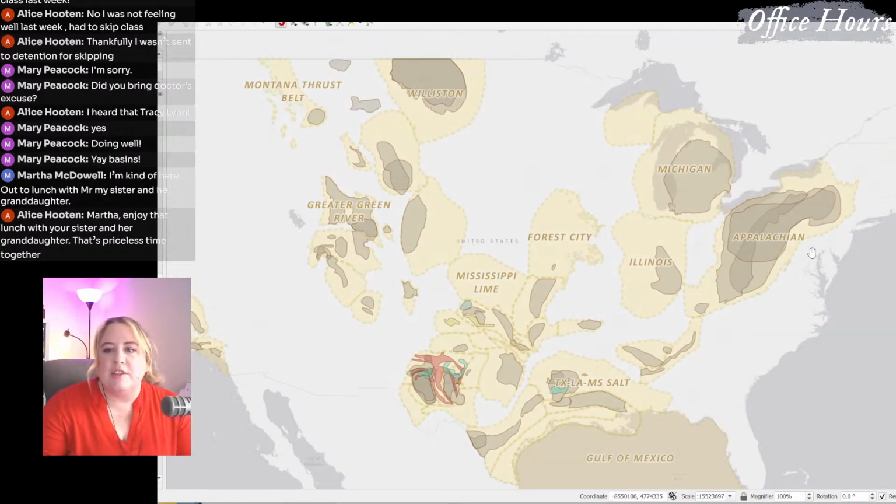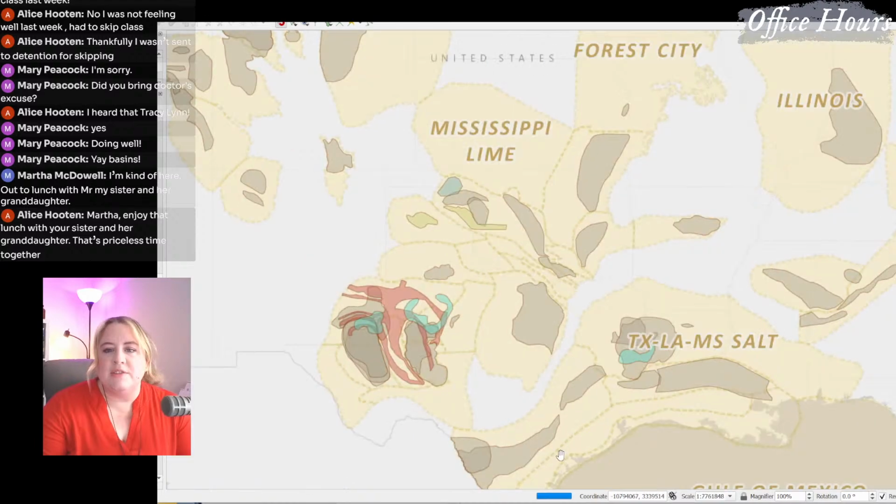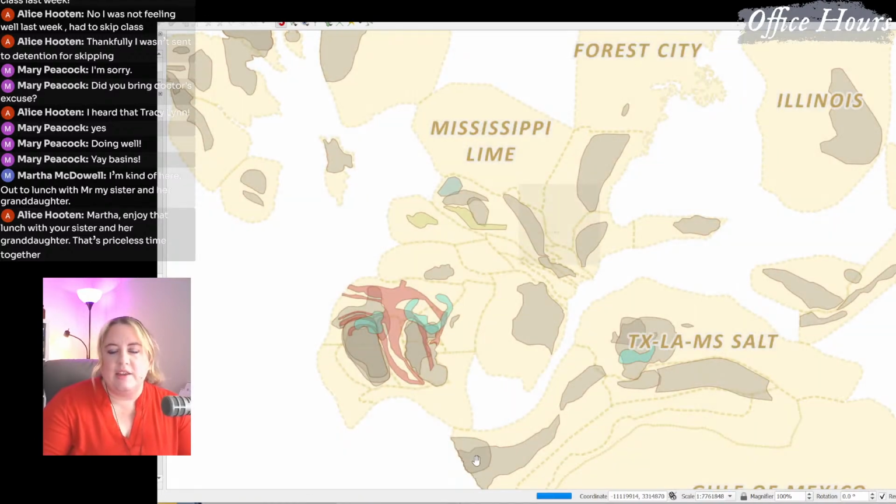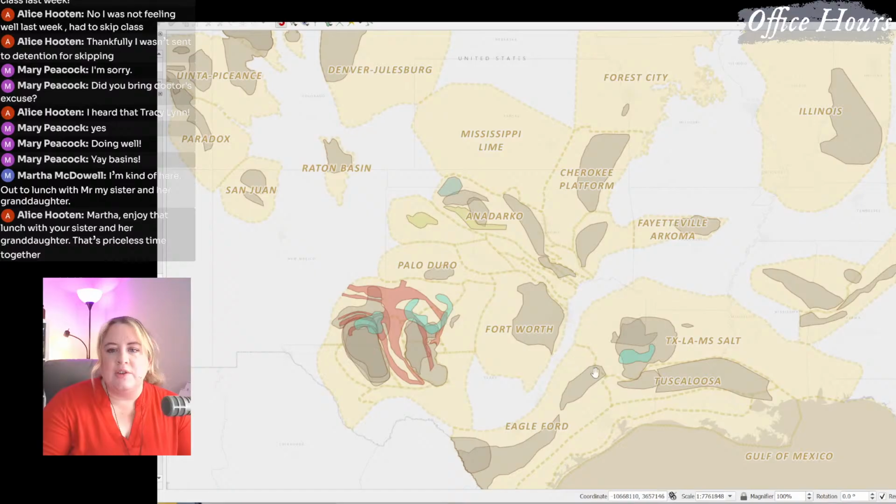Last time we talked about the major ones, and as a recap, the yellow is the sedimentary basin. That is where, over time, sediment deposited whenever there was water over these areas. There were different sea levels in the history of Earth, and at different times there were different amounts of water over these areas of the country.